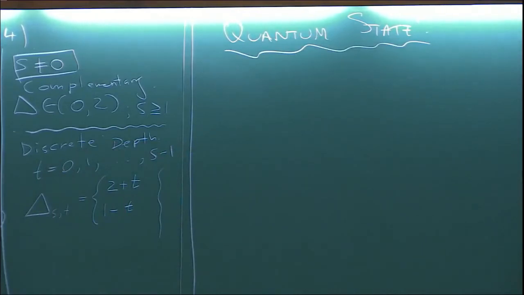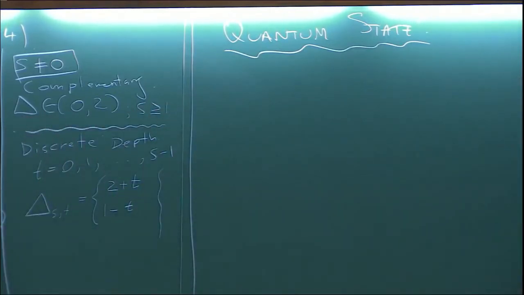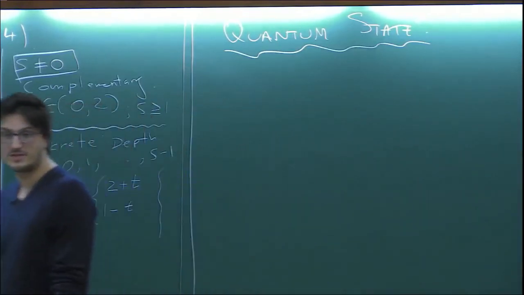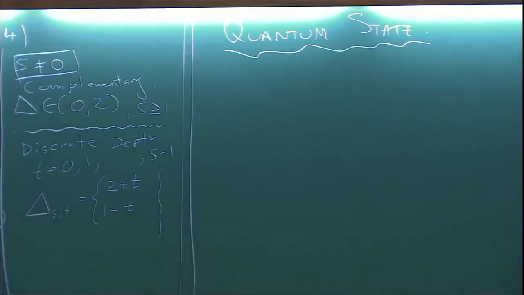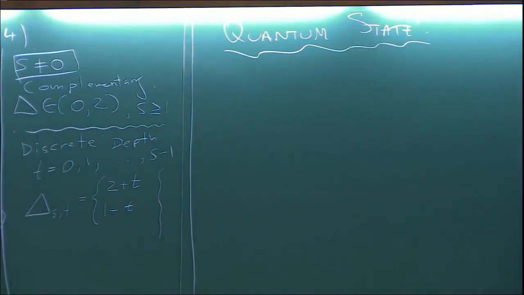Now, at least at the free level, there is little doubt that such a state exists. And for fixed backgrounds in de Sitter, even when they're interacting, there's little doubt that such a state exists.